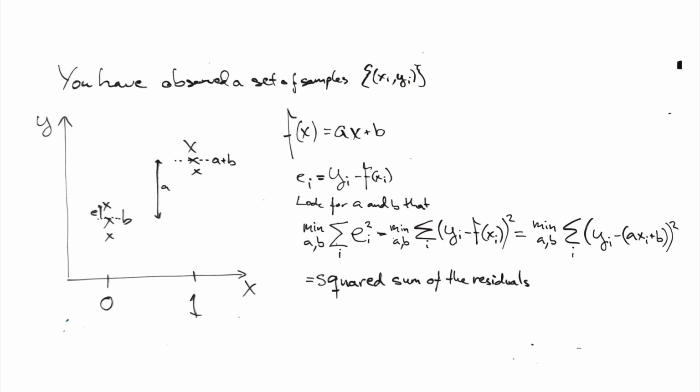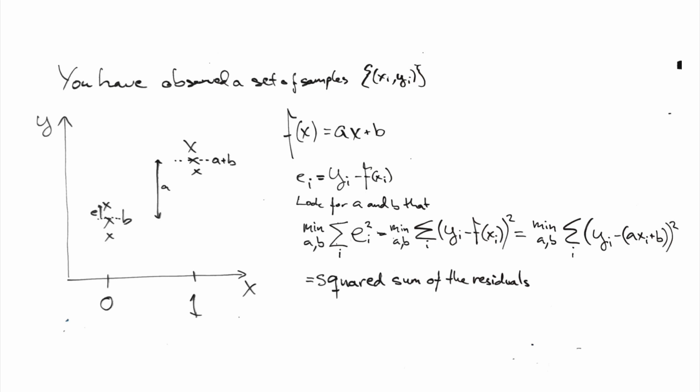We can do exactly the same type of regression as we just did. The statistical model would in this case be exactly the same as before. Namely, we can just put it as AX plus B. Just as before, we have a set of residuals, E_i, which is the difference between the observed variable and expected outcome.